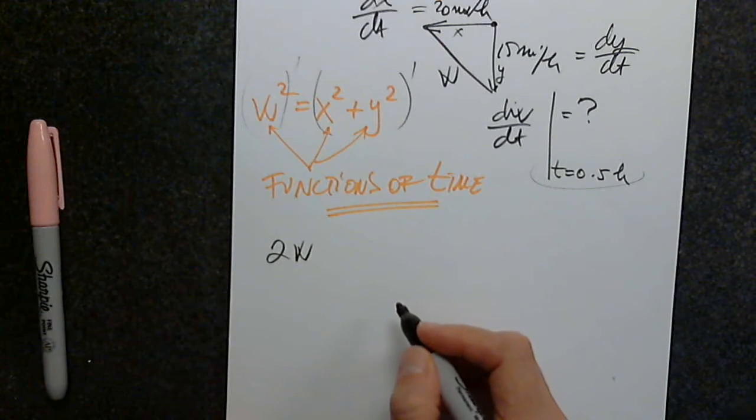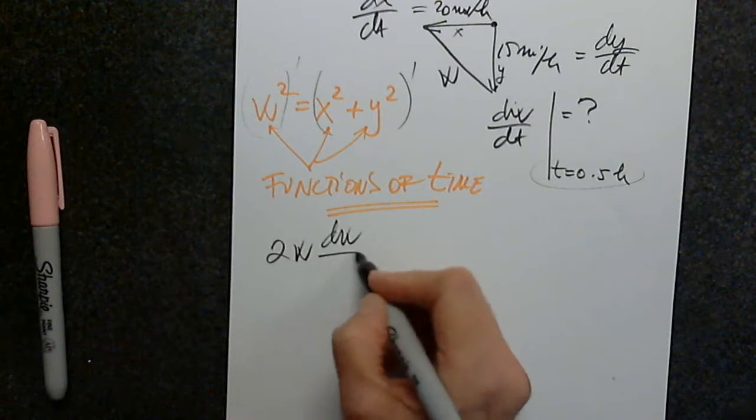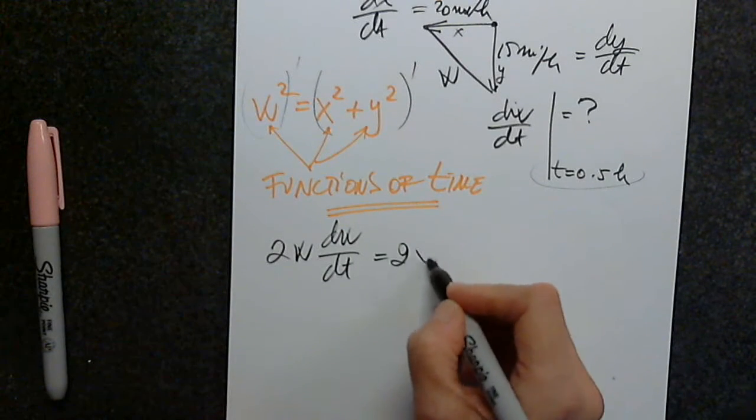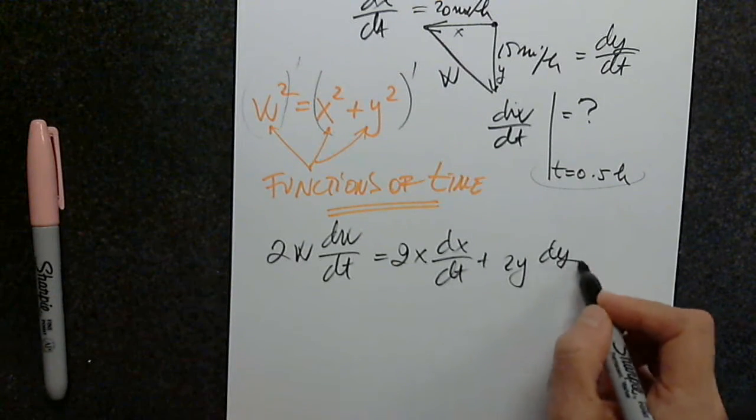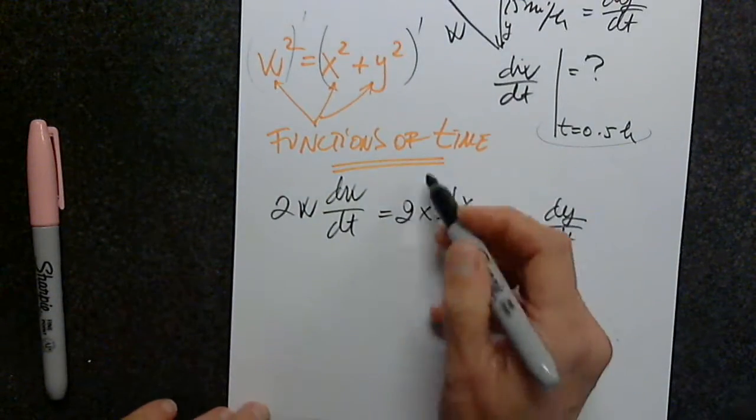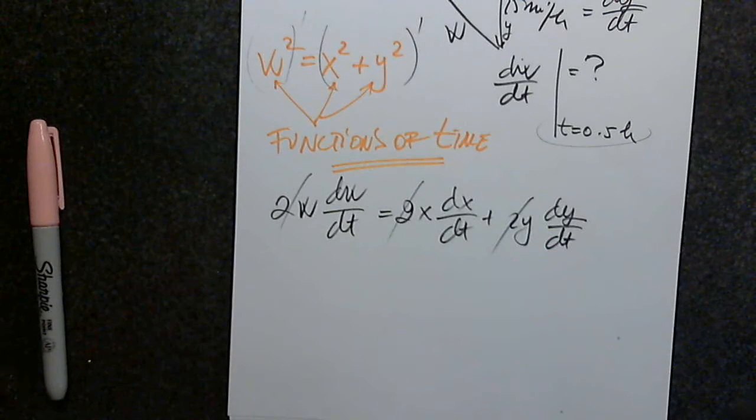Two w dw over dt. Perfect. And the same thing, 2x dx over dt plus 2y dy over dt. And of course, we're going to divide both sides by 2. All terms have 2. You can drop it.